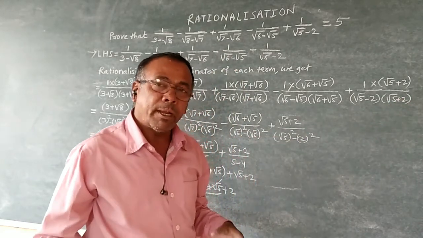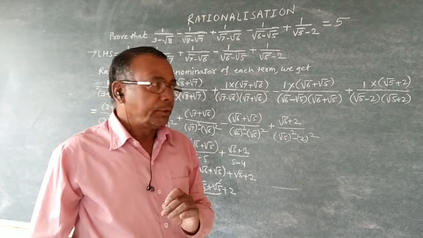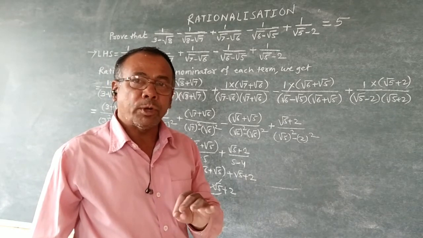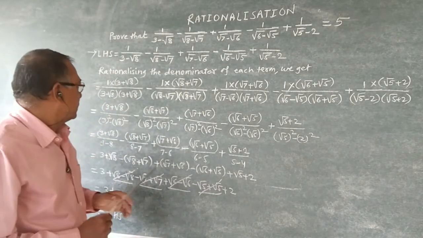So we have to multiply the numerator and denominator of each term with its corresponding rationalizing factor.